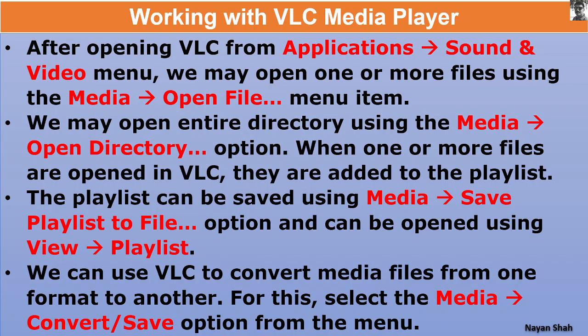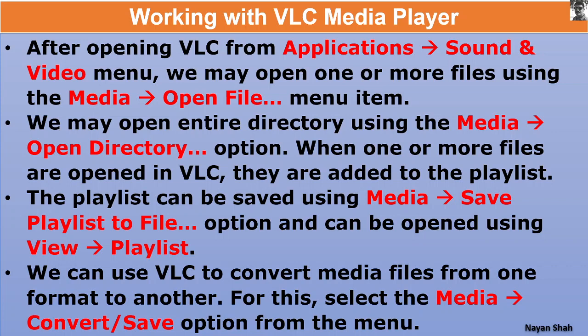Now working with VLC media player. In Linux, you can open it by going to the Applications menu, and in that you have the Sound and Video menu. We may open one or more files using the Media, Open File menu item of VLC. The first one, Applications, Sound and Video, is of Linux, whereas the Media, Open File option is for VLC.